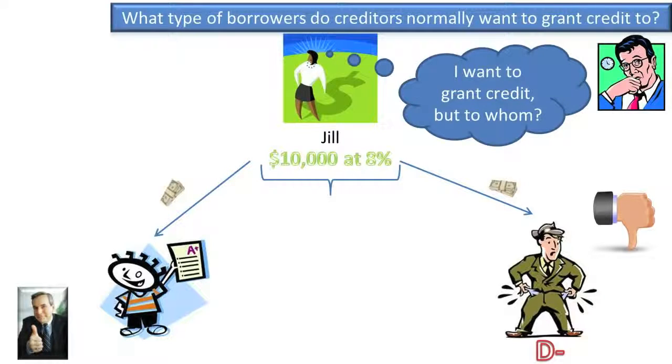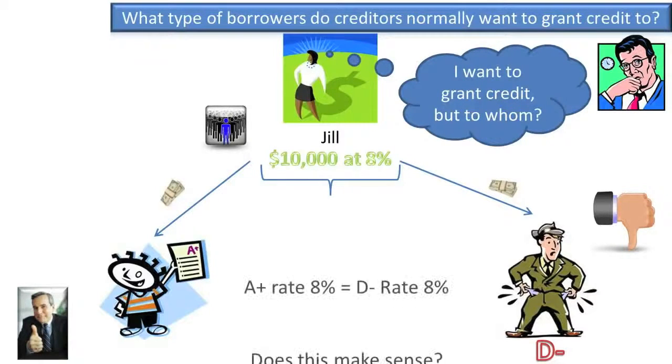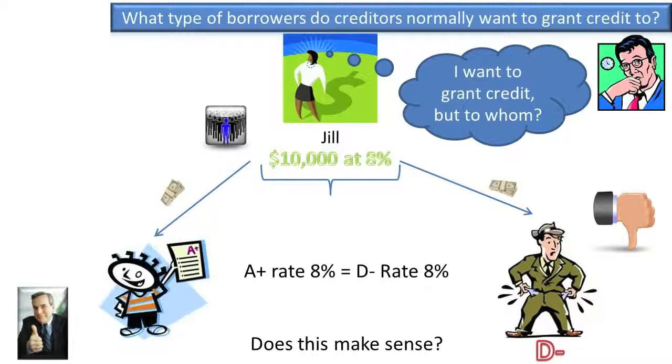I assume that given the two choices above, you, as well as everyone else in the world, would choose to lend to the A+ quality borrower. Given the current facts, that is a good choice. However, does it really make sense that an A+ borrower who has very little risk of defaulting on the loan would have to pay the same rate as a D- borrower who has a very high risk of defaulting?